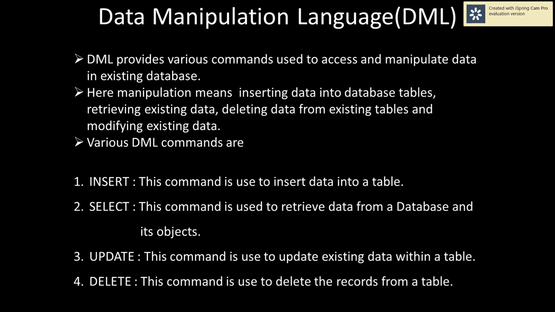So here I will explain about 3 commands. The first one is the drop command, the second one is the truncate command, the third one is delete. These 3 commands are used to remove records. So why do we use 3 commands?